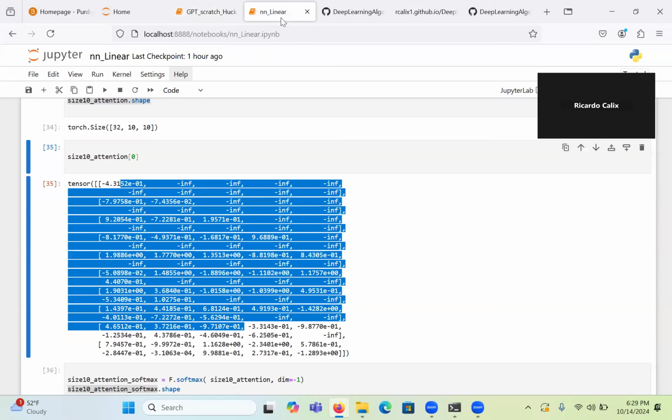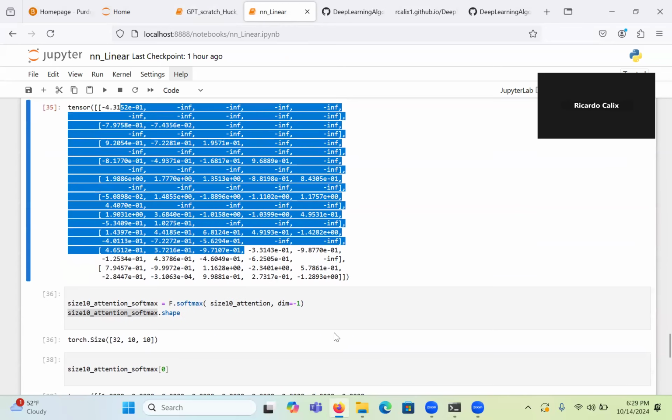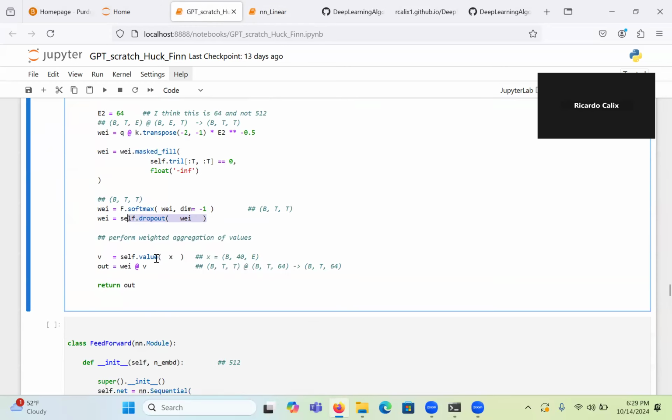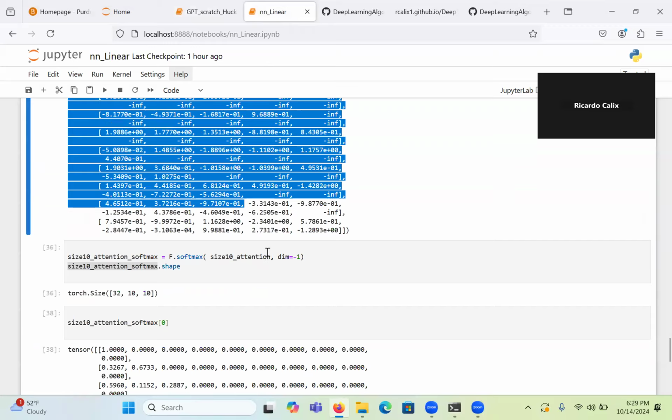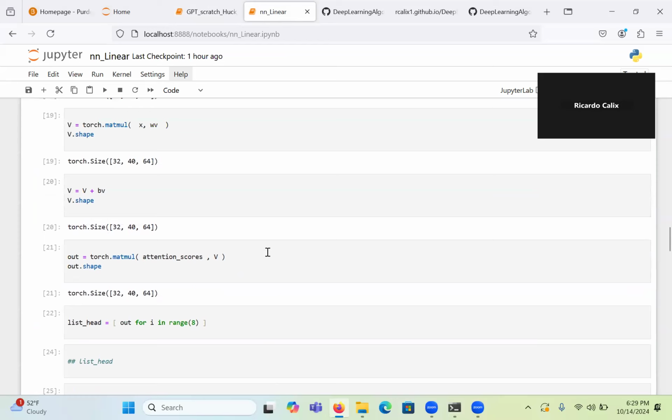And as I stated before, the softmax will eventually produce values where, when the values are minus infinity here, they will become 0. Okay, so once that's produced, you take the V. So the V is just going to be value. X goes in to produce V. And then wei matmul V produces out, which once again should produce batch, T, 64.